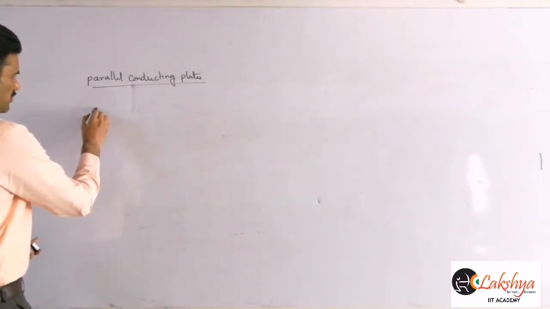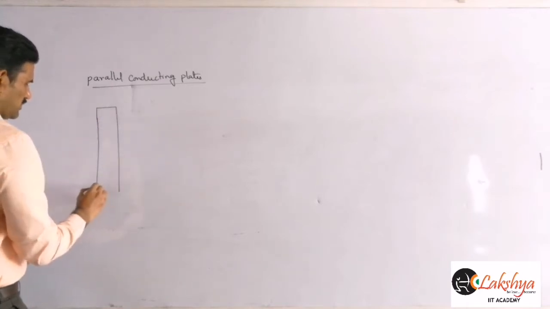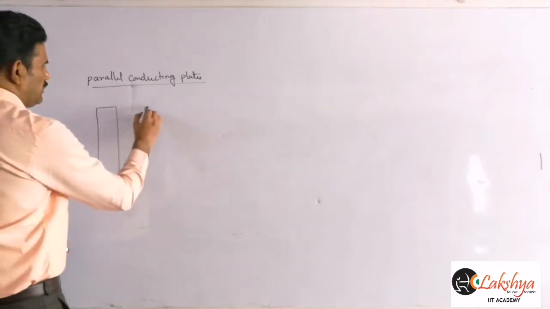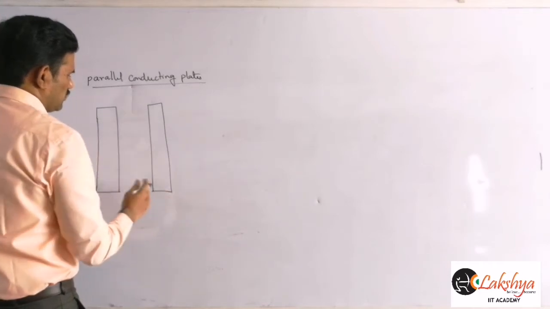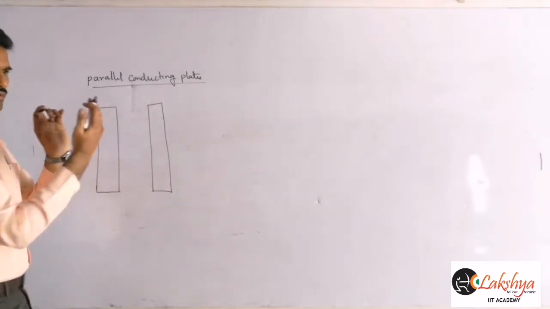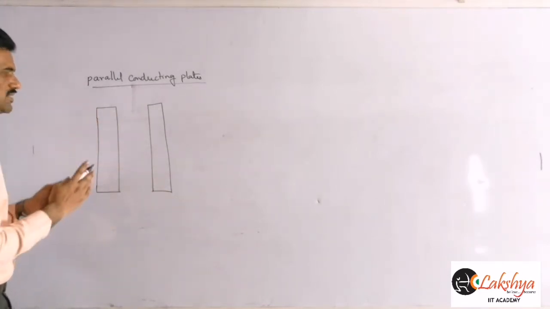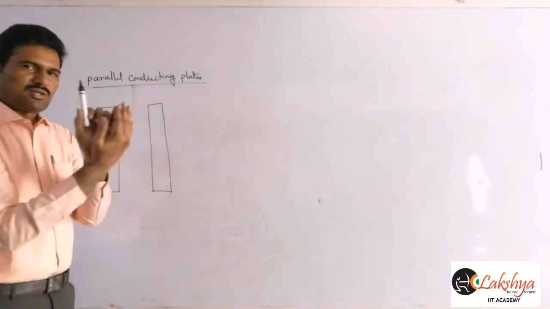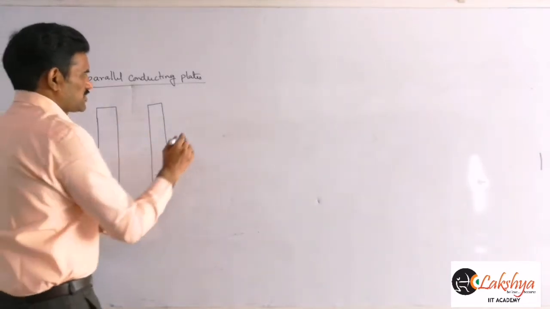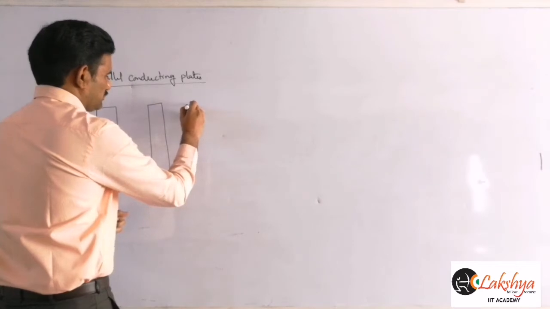So for example I am taking the plates like this. This is a cross section view. That means the plates are placed like this, perpendicular to the board. I am just representing the cross section. Here one plate will be there like this, and here one plate like this, and for example I am taking another plate here.